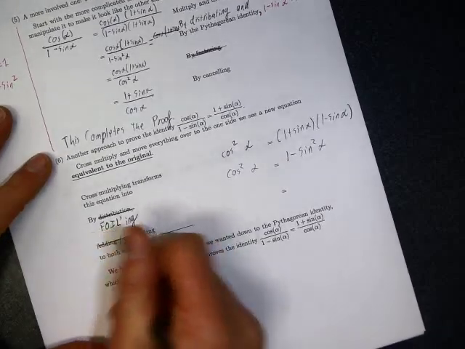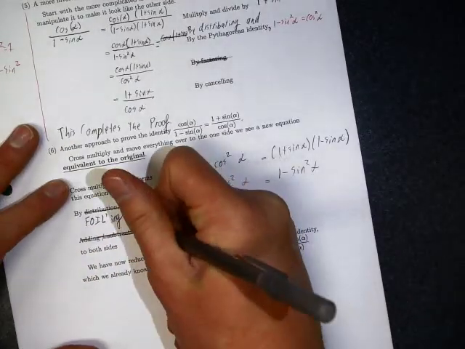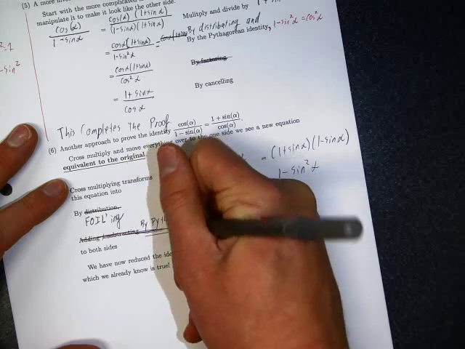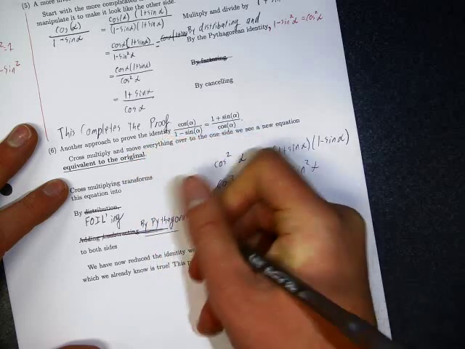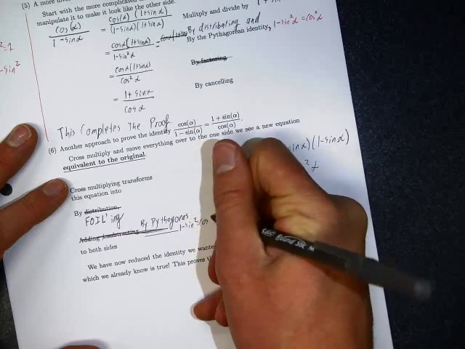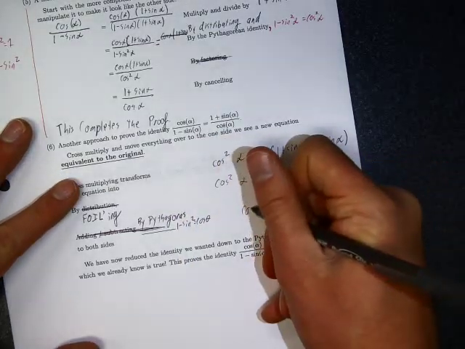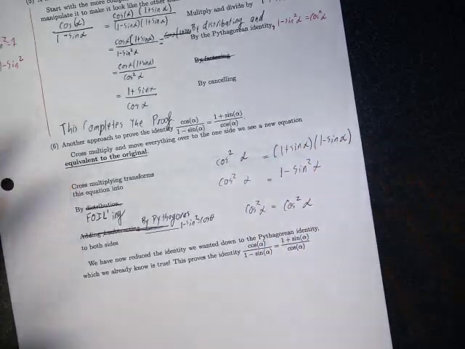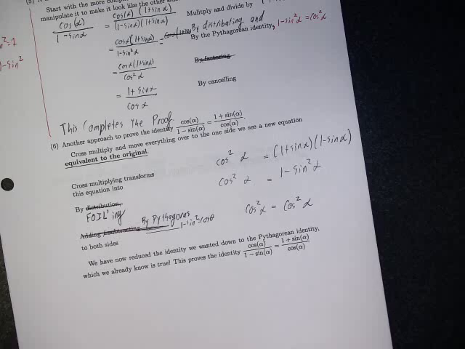Yeah, so maybe instead of saying that, let's say by Pythagorean identity. So we wind up with cosine squared alpha is equal to cosine squared alpha. Is that now a true statement? Yes. Cosine squared alpha is equal to cosine squared alpha.